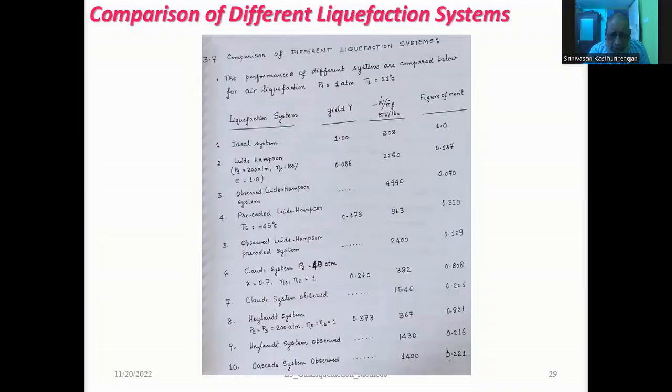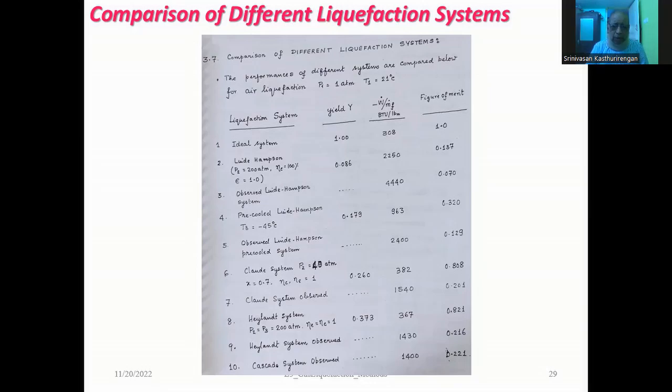Claude system, for example, if you consider 40 bar as the pressure and X value is about 0.7, that is the ratio of the gas which is going to the expander, which is about 0.7. The efficiencies of the expander and compressor are all taken as 1.